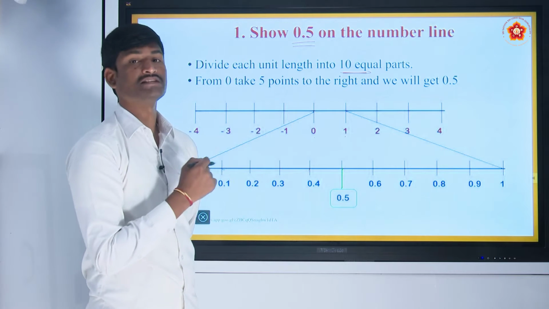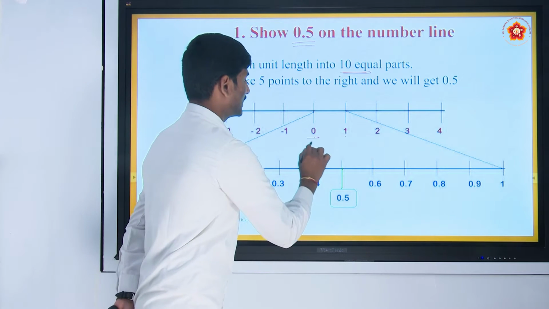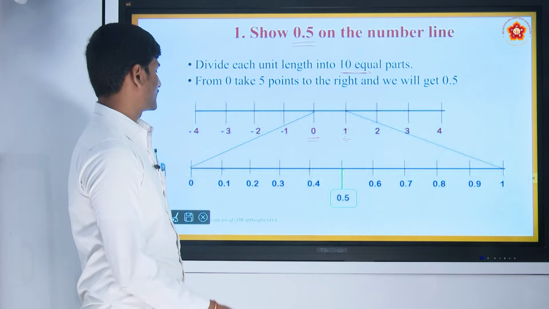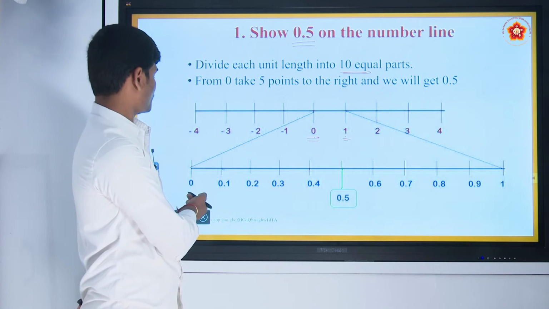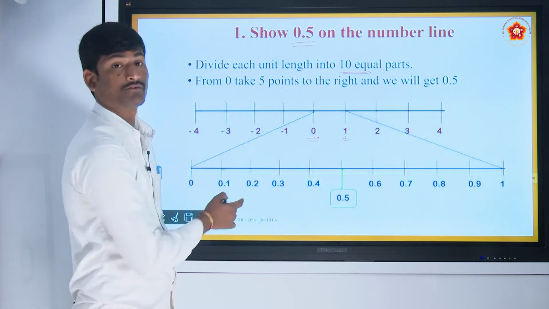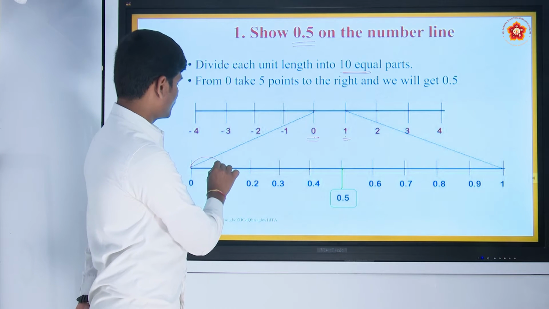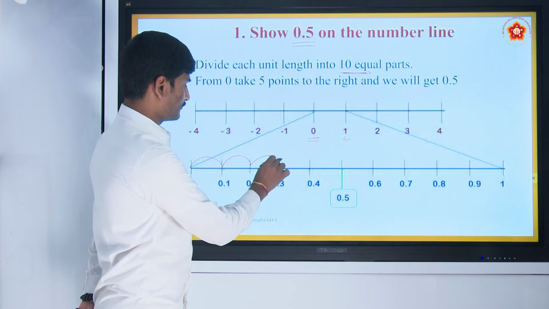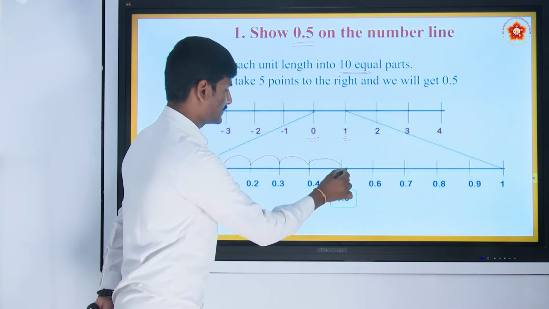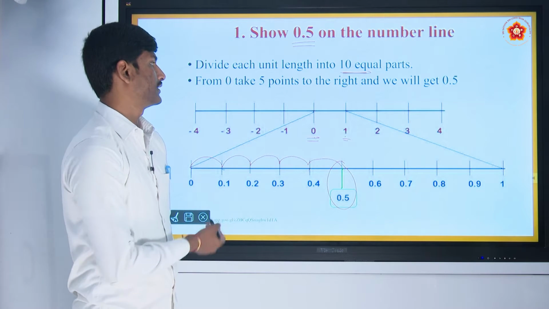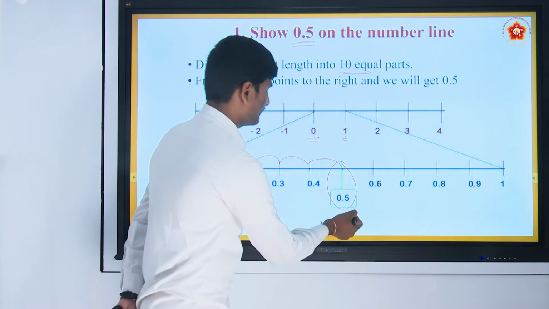This 0.5 lies between 0 and 1. Here we start from 0 and take 5 points to the right side: 1, 2, 3, 4, 5. Then we get 0.5.